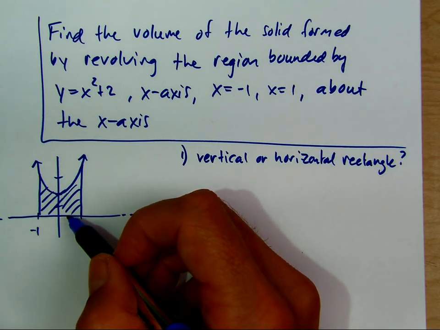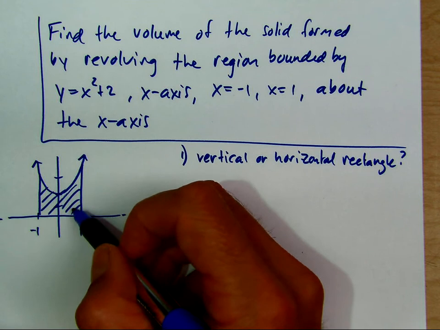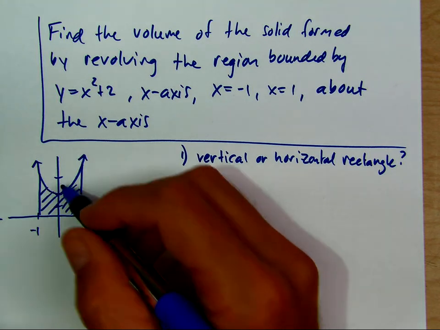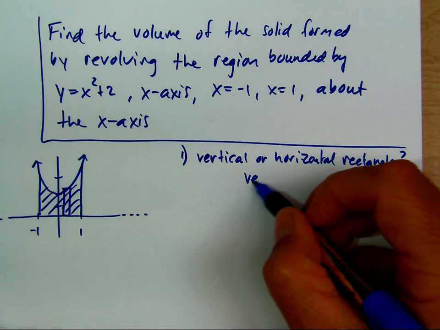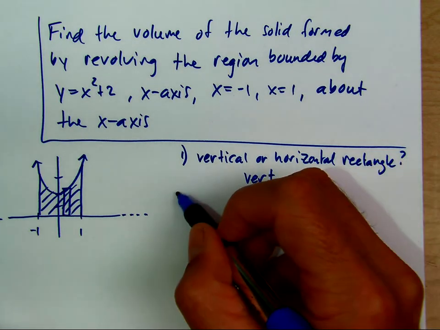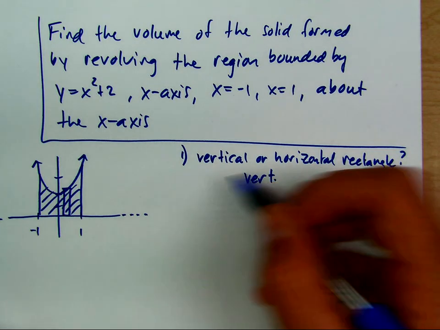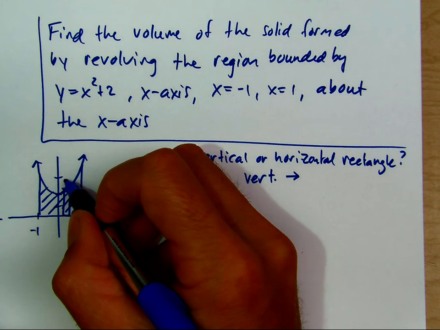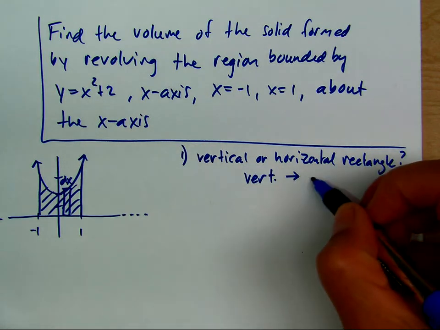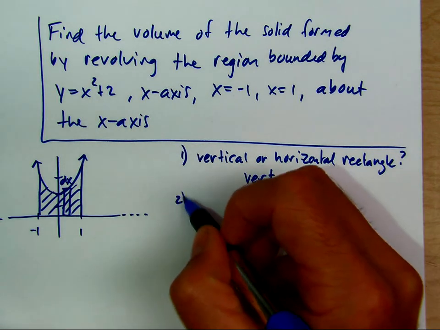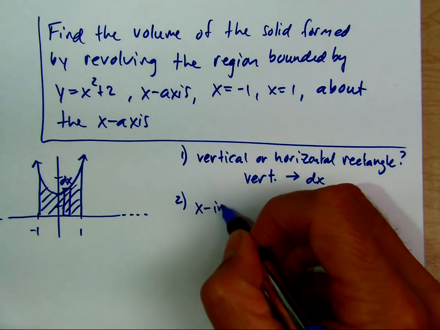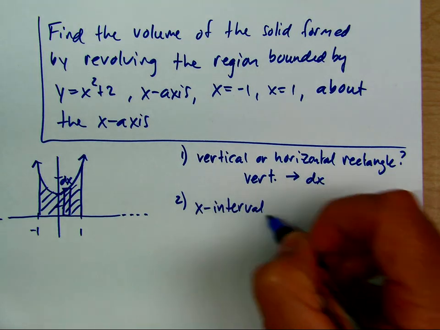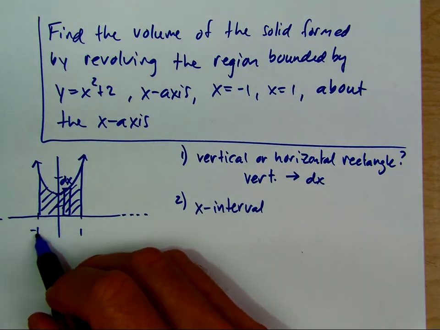As long as every vertical rectangle has the same top and bottom, then we can use a vertical rectangle. So here we're going to use vertical, and that means we're going to use dx instead of dy. Since we're using dx, we need to know the x interval of the region, and the x interval goes from -1 to 1.